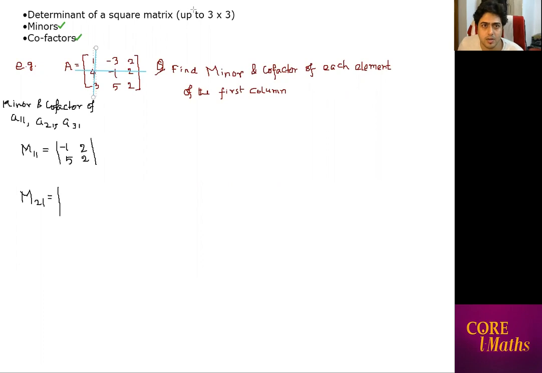So what are the remaining elements? That is -3, 2, 5 and 2. Now the same way for M31, what will be the determinant value?